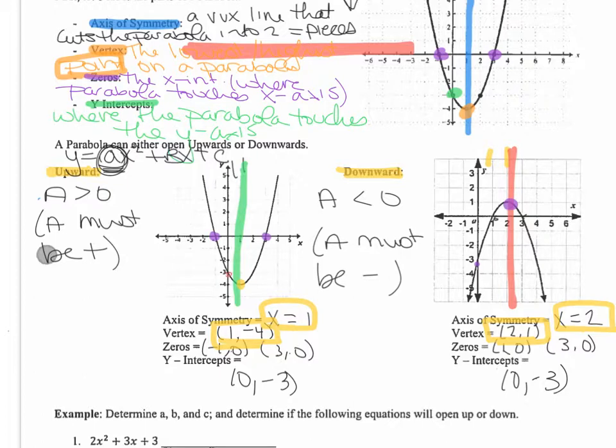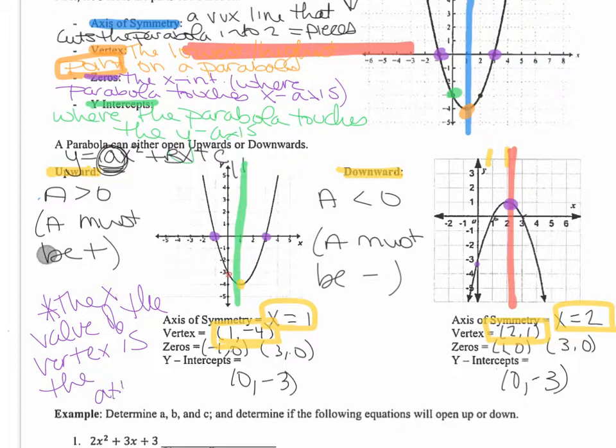So your axis of symmetry is the x value of the vertex. So if we write that down, because that's huge, the x value of the vertex is the axis of symmetry. So just kind of little things to pick up on.